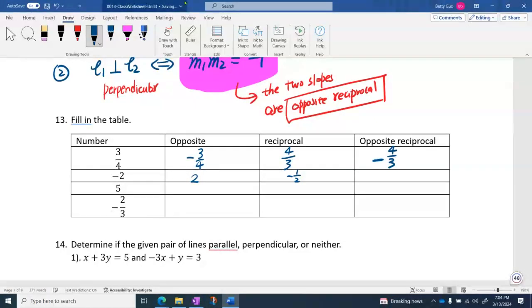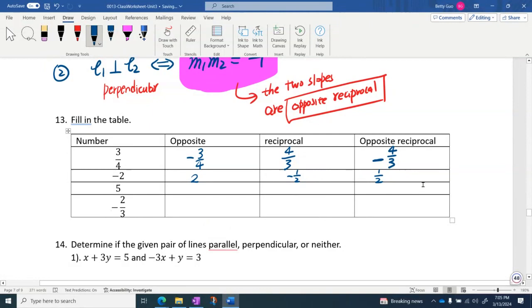Ask yourself if you got the same answer. And what is the opposite reciprocal? Positive half. The sign is different. The given number is -2, so the opposite reciprocal is positive 1/2.